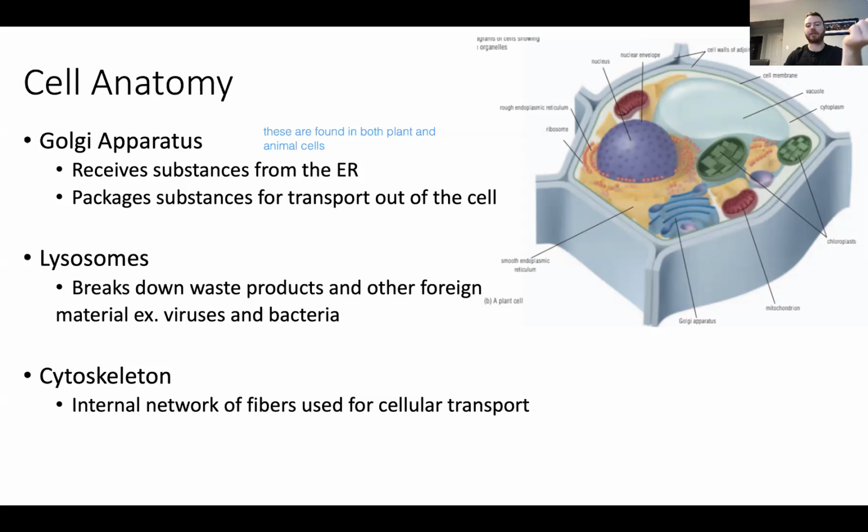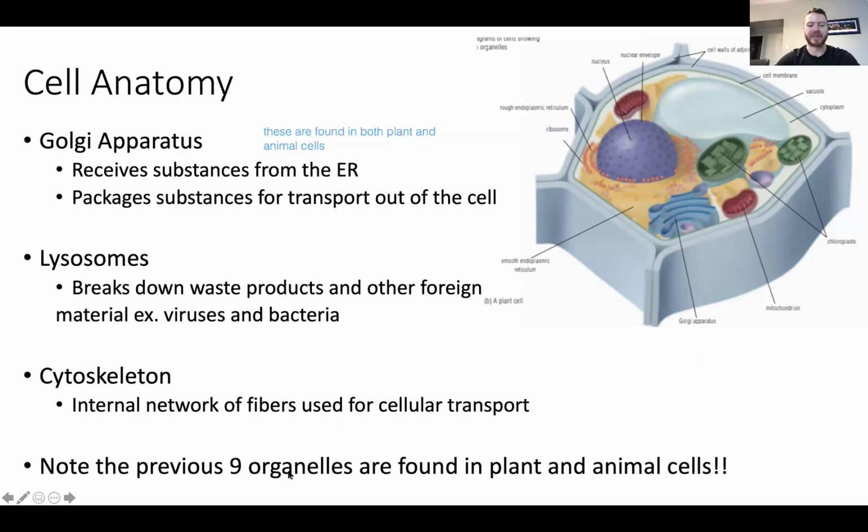That's what makes our muscles contract when we flex. It's actually the motor proteins. So if I'm flexing, there we go, the motor proteins are actually walking to make those muscles tighter and contract. So the cytoskeleton is used for cellular transport or muscle contraction as well.